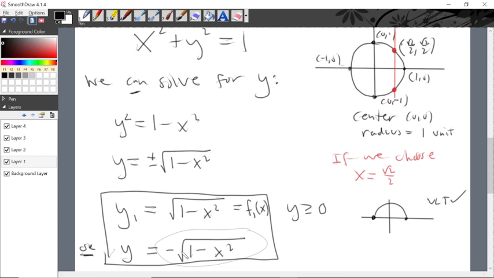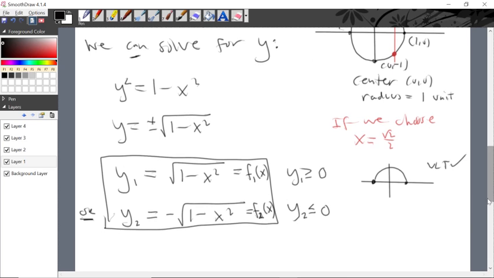That means the y value is also never going to be positive, so for this second equation, y is less than or equal to 0. I'll call this one y2. It is a second explicit function of x, f2 of x. So we have an f1 of x and an f2 of x.